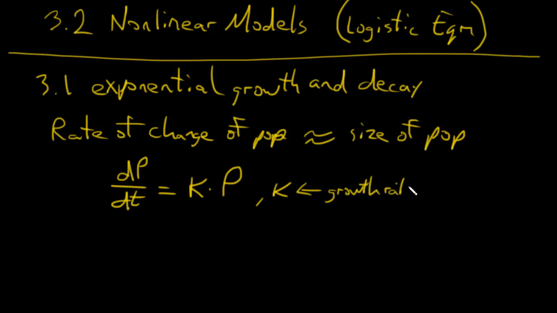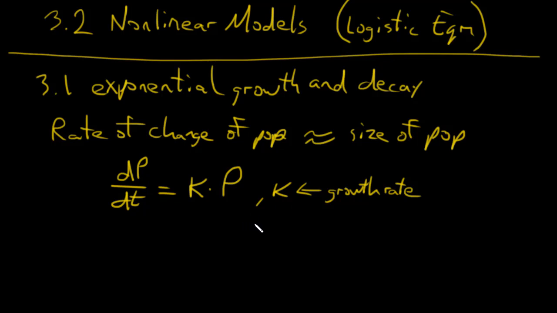The reason I'm sticking with populations today is because we're going to be deriving the logistic equation exclusively using population. So it's going to be growth based. I'm just going to refer back to 3.1 in terms of population only, so we have a nice smooth transition into 3.2.